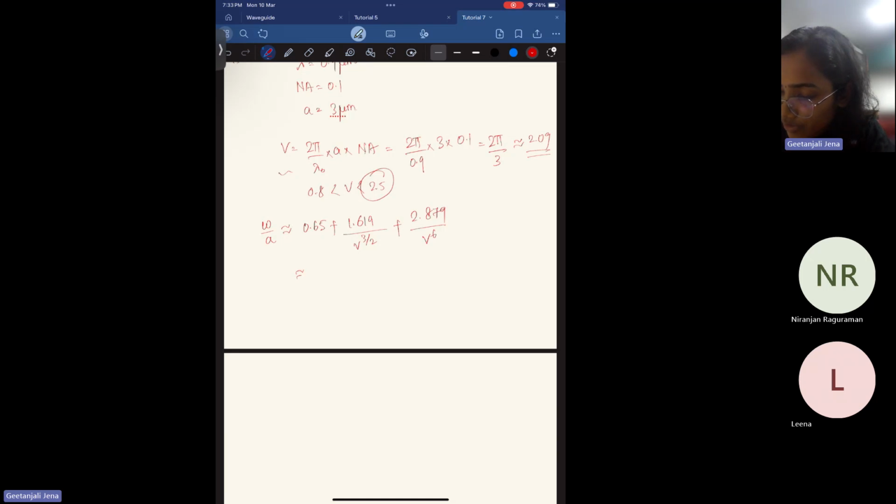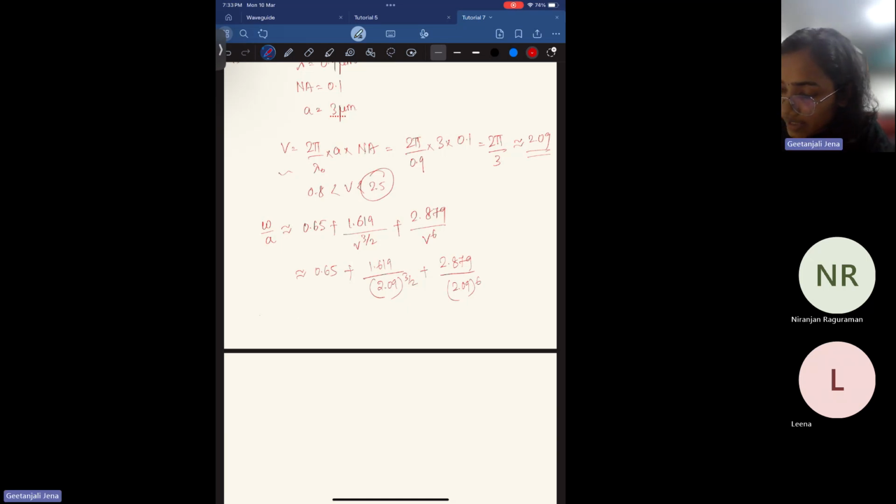So just put the value of V, which is 2.09. V to the power 6 means 2.09 to the power 6.